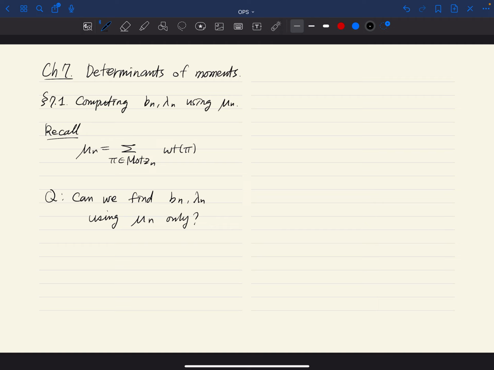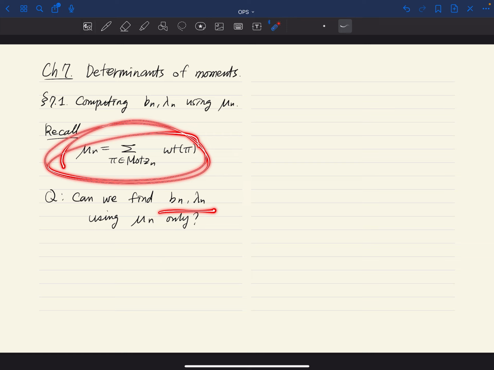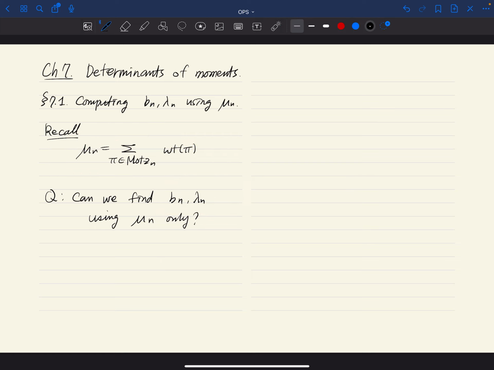But before doing the general theory, let me convince you there is a way to compute bn and lambda n using only this formula. The answer is yes, like I said. But we will consider just a small case.